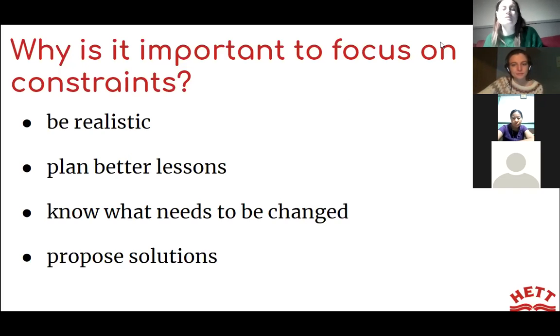We can brainstorm solutions to the problems, or at least be thinking about how to overcome the constraints. And if you're thinking about it, then you can plan your lesson around it. You can also think of what needs to be changed and maybe propose solutions.